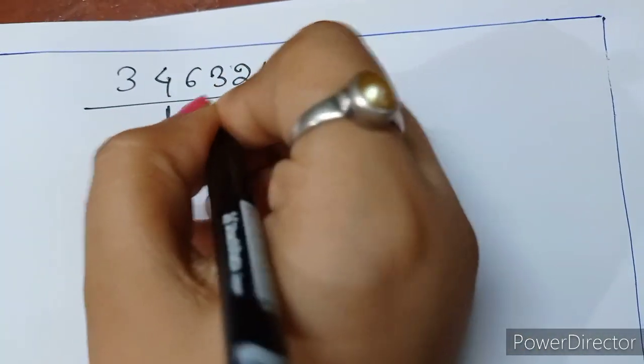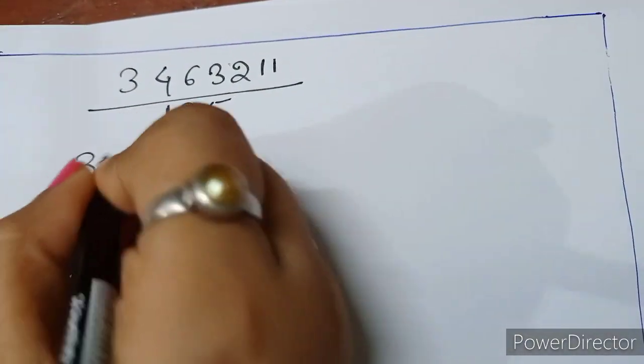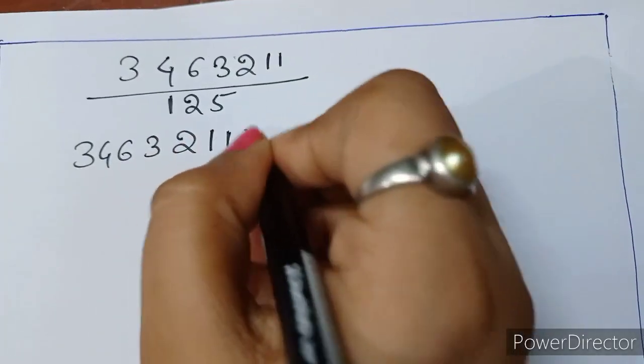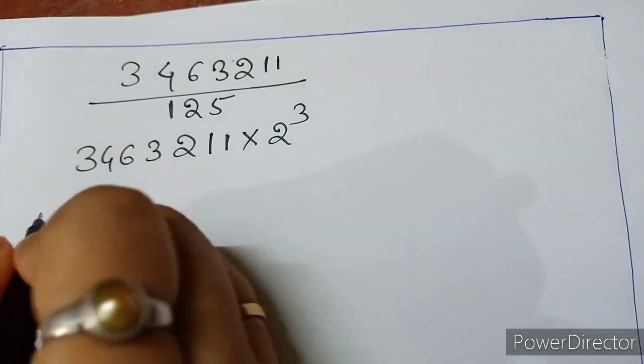Divide it by 125. So it means 3 4 6 3 2 1 1 into 2 cube, which is 8.